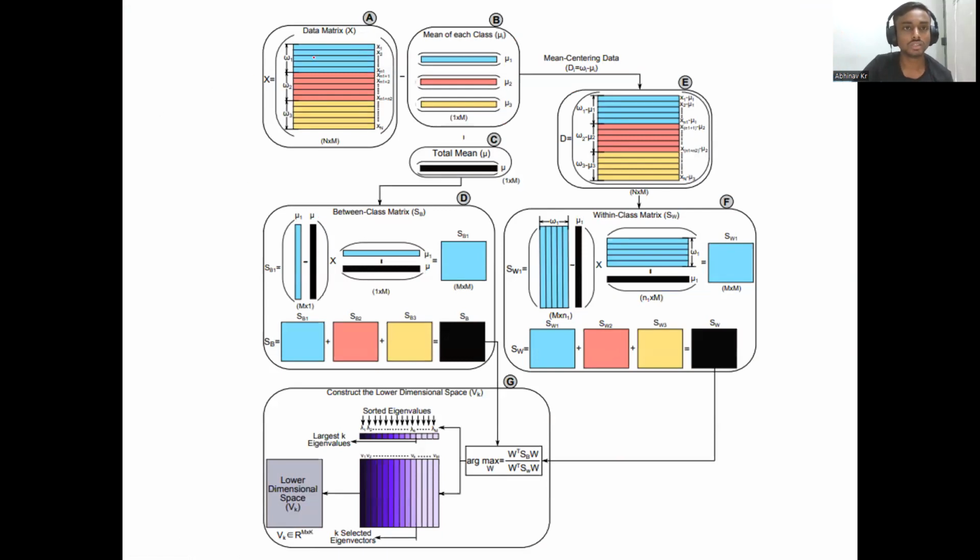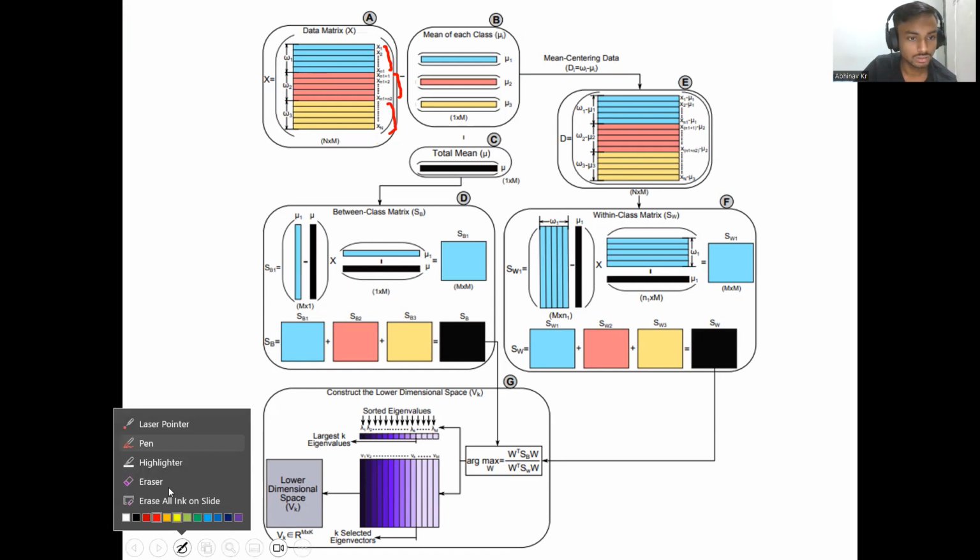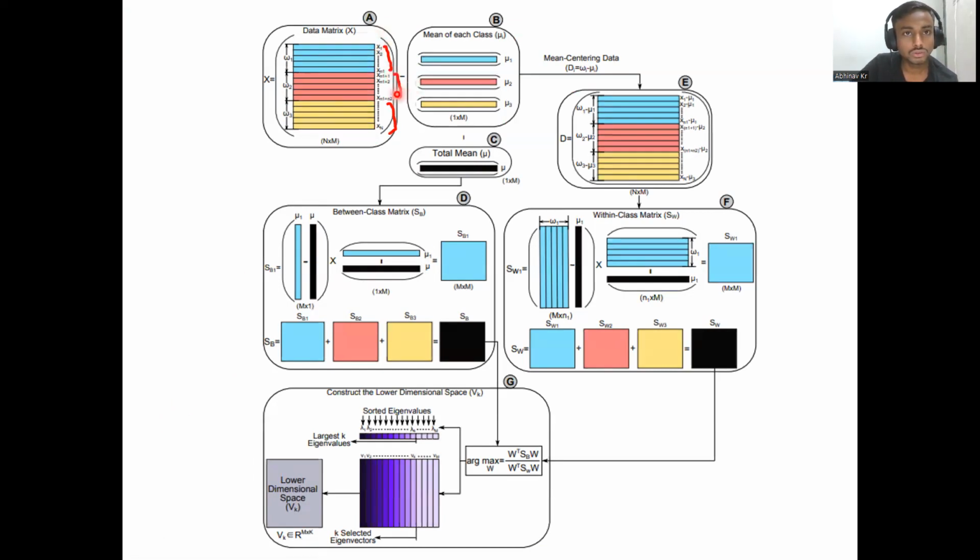Suppose this is your data matrix and W1, W2, W3 are your classes and X1, X2, Xn are your data points, right? So what you do first is you calculate the mean of these classes individually and you subtract them, which we call mean centering the data, which is this D.